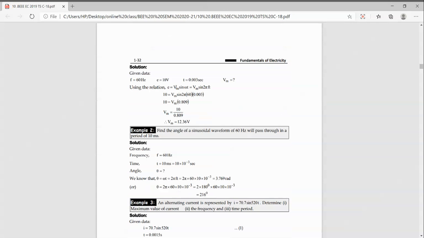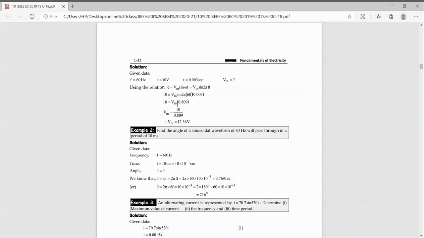Small v is equal to V maximum sine omega t. We know this formula; we have studied it just now. So we substitute the values directly. Here v is 10 volts, and we have to find Vm. So 10 equals Vm sine 2 pi, f is 60, and t is 0.003 seconds.